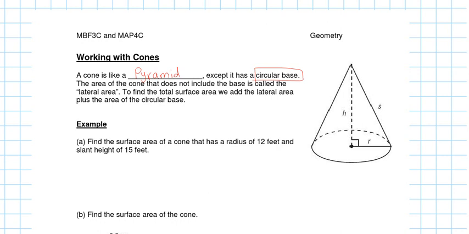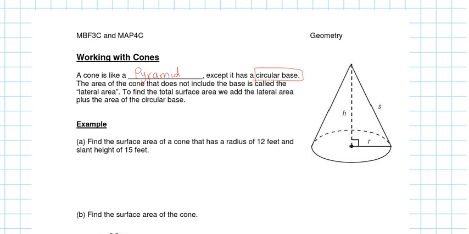So when you're looking at the surface area, you're looking at two things, the lateral area and the circle. So if I have an ice cream cone and I ask you to find the surface area of the ice cream cone, you're going to find it without the circle, because otherwise you're going to have a lid on your ice cream cone and that's not going to work.